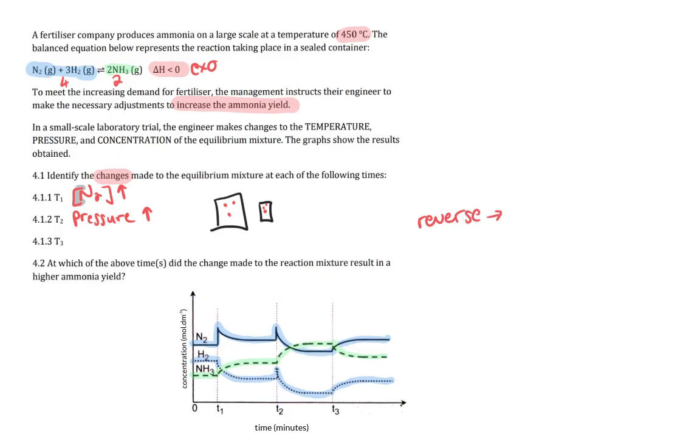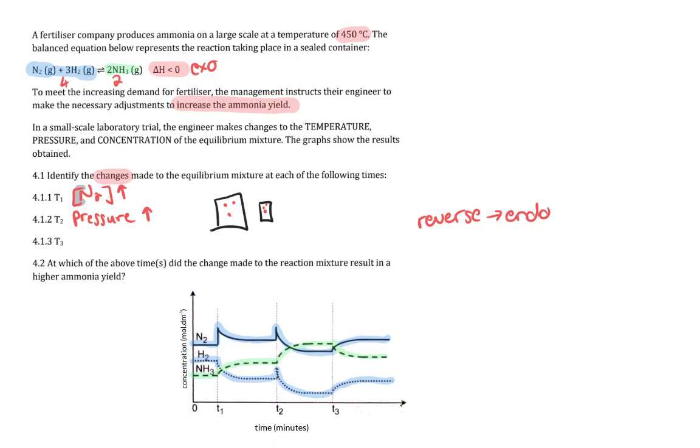And this is also what you are going to write down if they ask you for a reason. My reverse reaction was favored because more reactants were formed and my products were used up. If my forward reaction is exothermic, my reverse reaction would be endothermic.